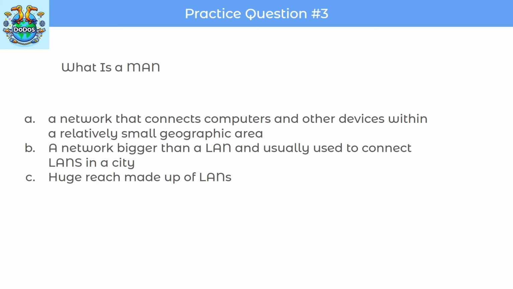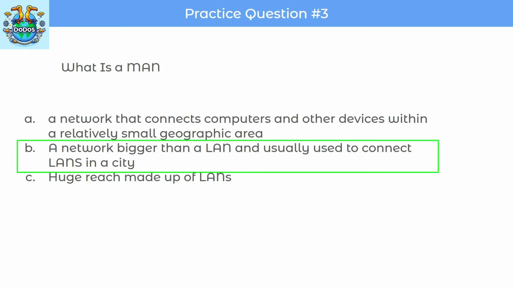The answer is B, because it's in a city, but it's bigger than a LAN, and it's metropolitan. When you think of metro, think of the New York subway, Metro or something, right? That's a city theme, so that would help you remember it better. So, Metropolitan Area Network.